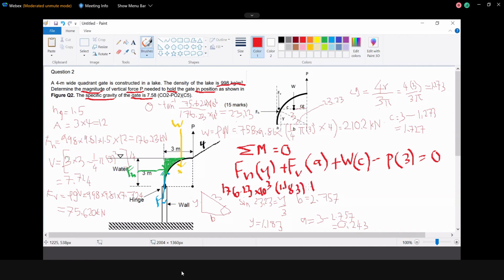Okay, and then tambah FV 75.62 darab 10 kuasa 3 tukar kepada Newton darab dengan A. A adalah 0.243.